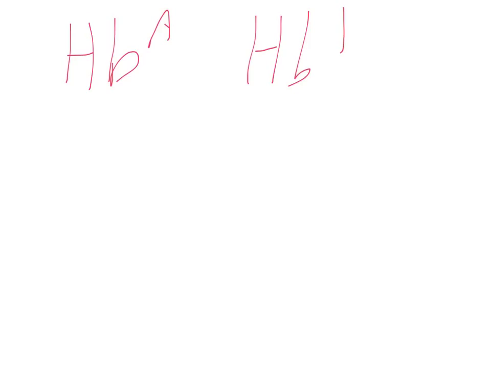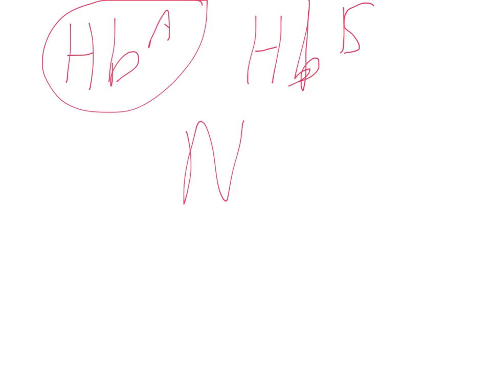Okay, so let's say there's an abnormality in the B, and we end up with HBA, HBS. And if A is dominant, you put these together, you have a normal, almost normal phenotype, right?